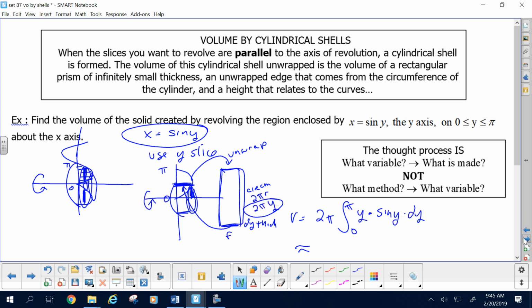Tell me the volume. Type in the 2 pi first.